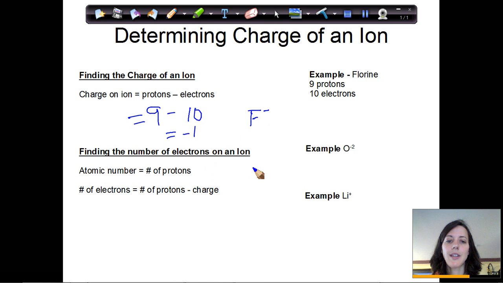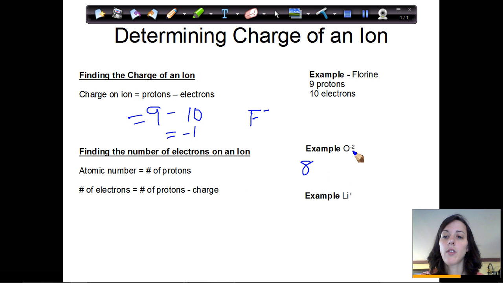Alright, so sometimes I can ask you to find the number of electrons on an ion. And for that, it's 2 steps as opposed to 1. You would need your periodic table because you need to know how many protons the ion has. And then to find the number of electrons, it's just protons minus the charge. So for example, oxygen -2. You would look on the periodic table for oxygen's atomic number, and you would find that oxygen has 8 protons.